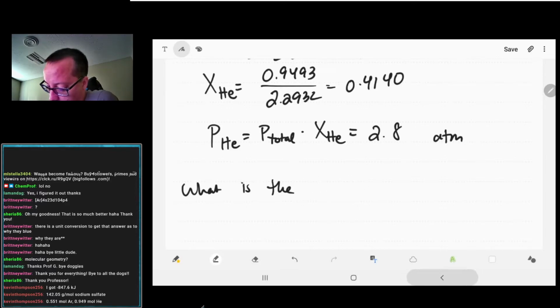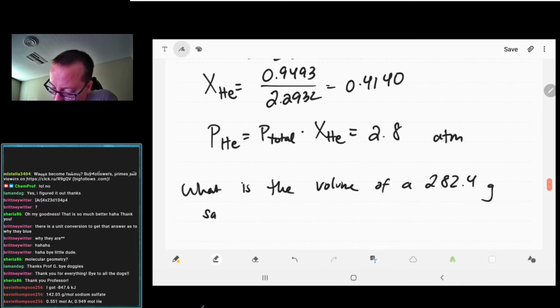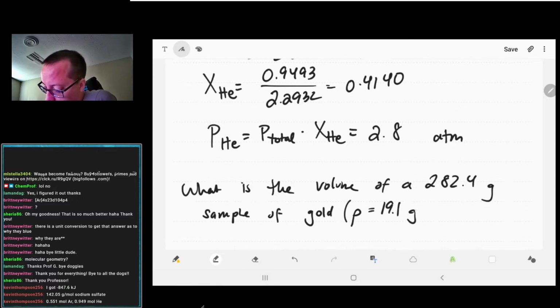No, mass of... No, volume. I want volume. I have a 282.4 gram sample of gold. Density is 19.1 grams per mL.